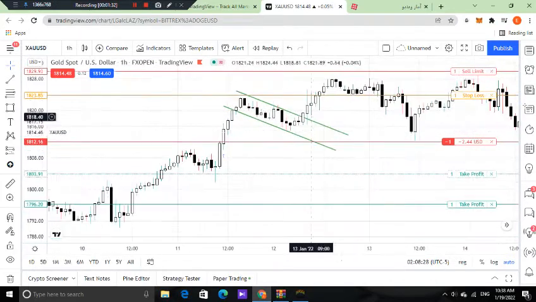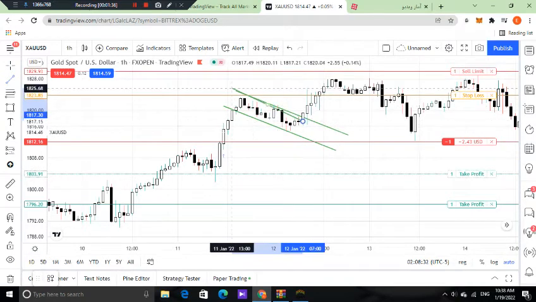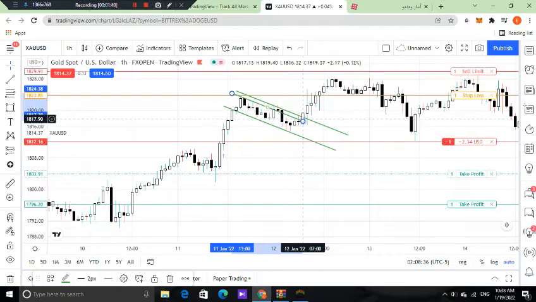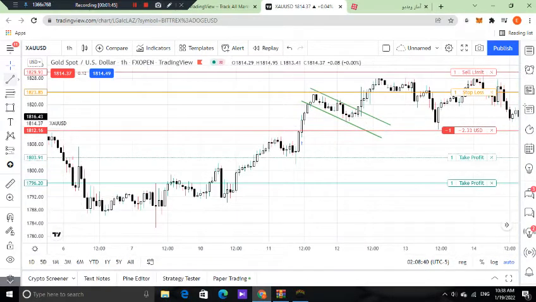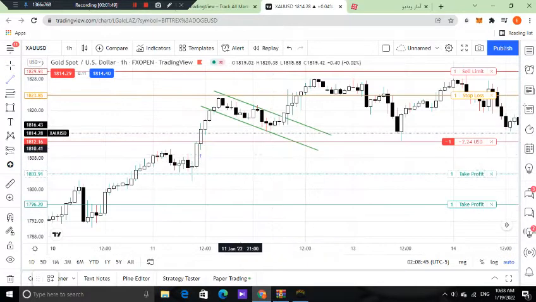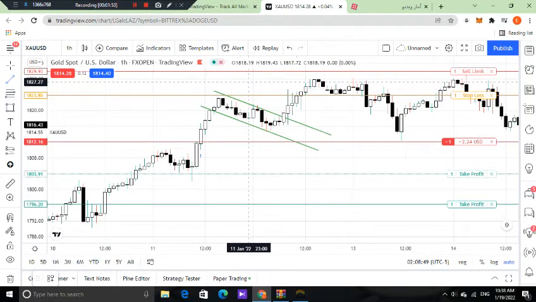Your pullback is like a channel or a wedge. Okay, there are two different kinds of pullbacks. Actually, a flag you can see is either in the shape of a trading channel or wedge, sorry.